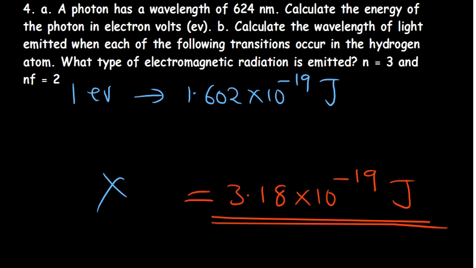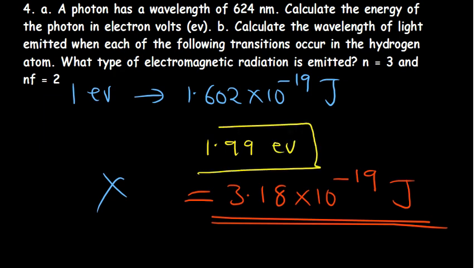That's giving me a value of 1.99 electron volts. Okay, so that's how you deal with these conversions.